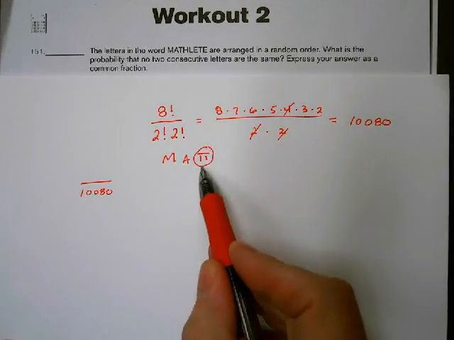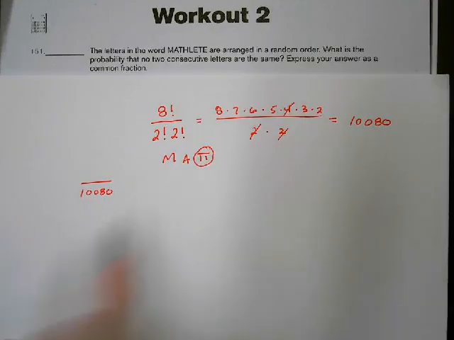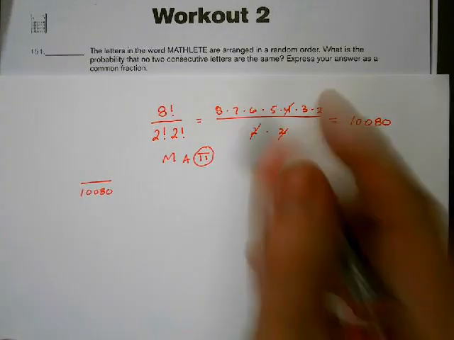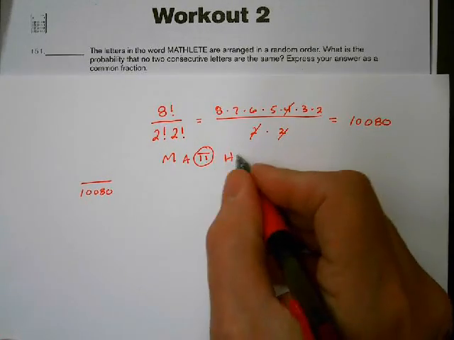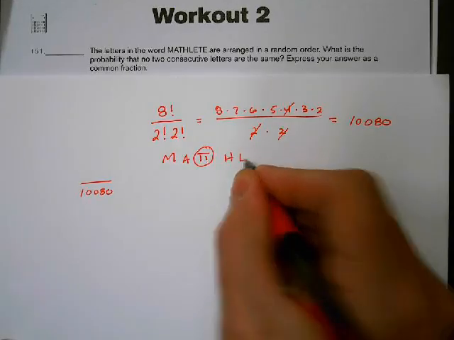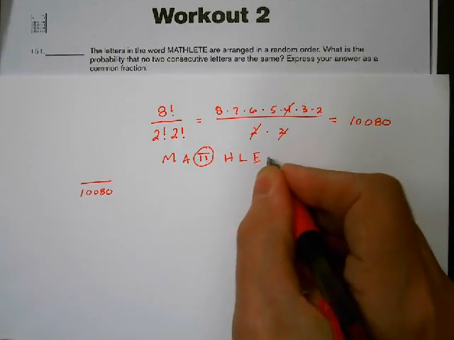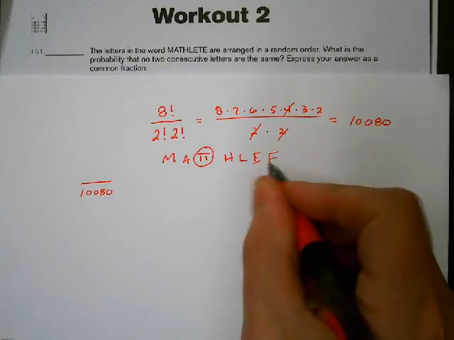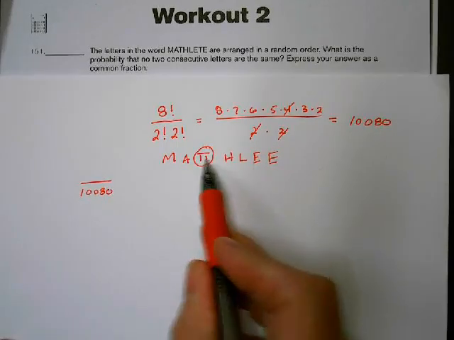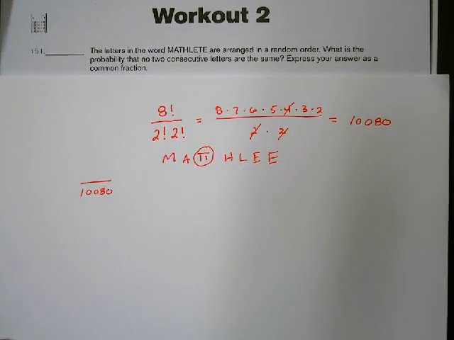Then we'd have an H and an L and an E and another E. So 1, 2, 3, 4, 5, 6, 7. We've got 7 things there.